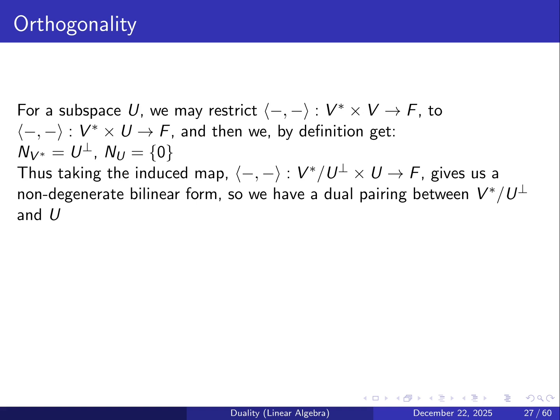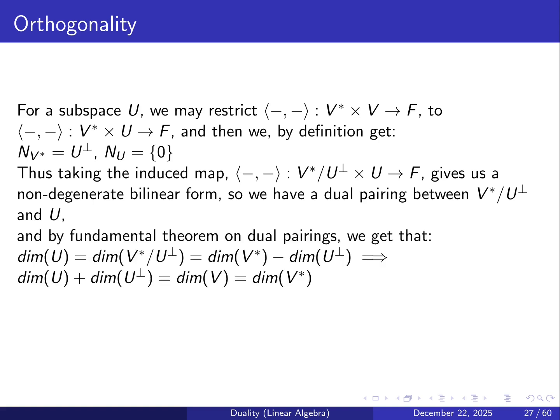Thus taking the induced map from V star quotient U complement times U to F gives us a non-degenerate bilinear form, so we have a dual pairing between V star quotient U complement and U. By the fundamental theorem on dual pairings we get that the dimension of U is equal to the dimension of V star quotient U complement, which is just equal to the dimension of V star minus the dimension of U complement.